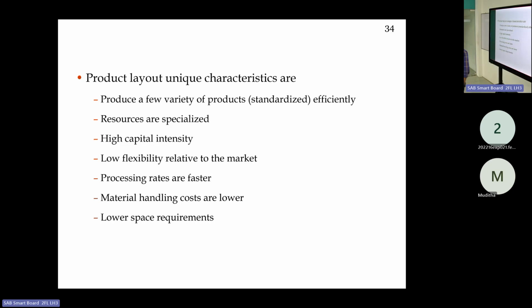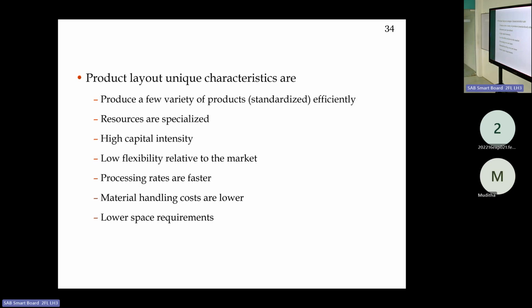In fact, in such arrangements, workstations are connected using conveyor belts. At a given rate, the belt is rotating and connecting the workstations, so that there is no additional material handling cost.